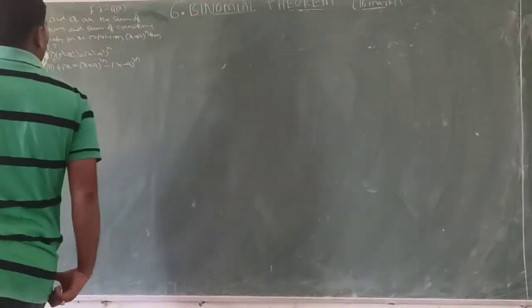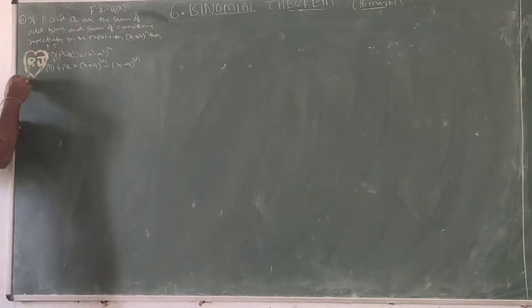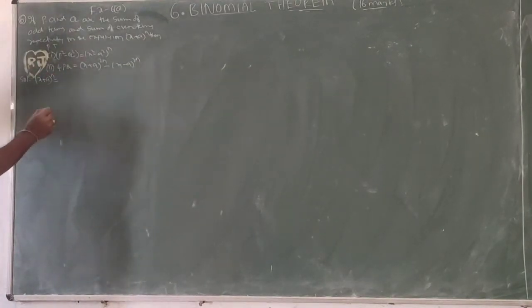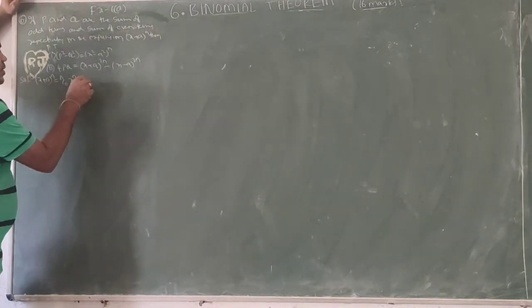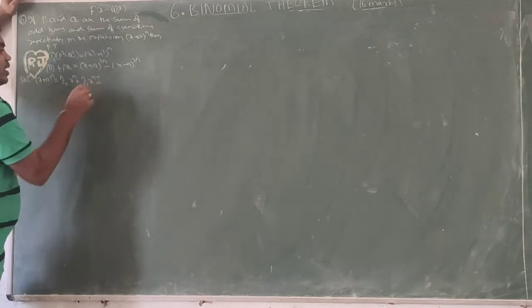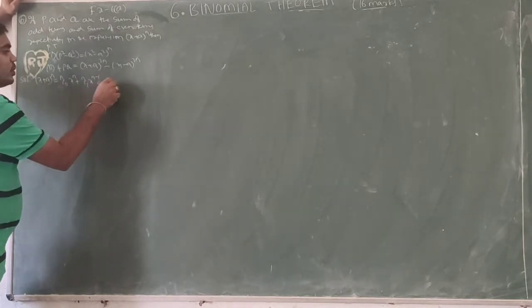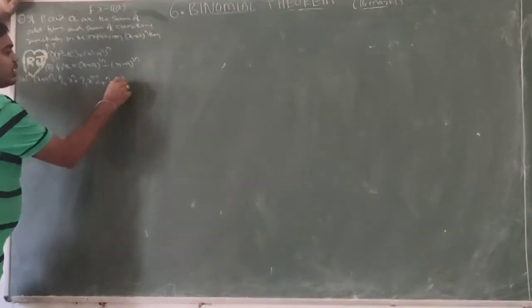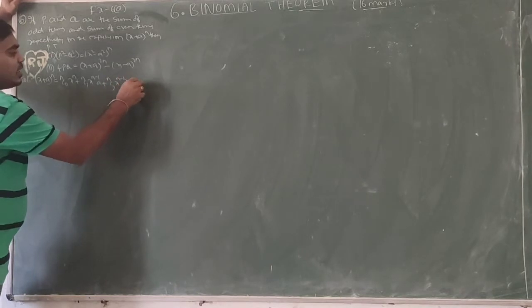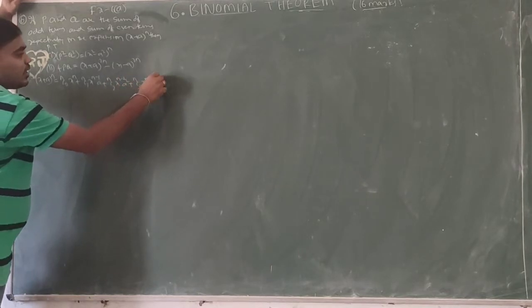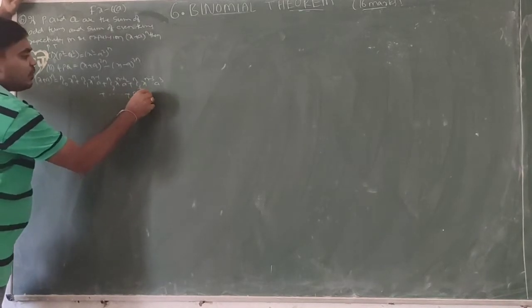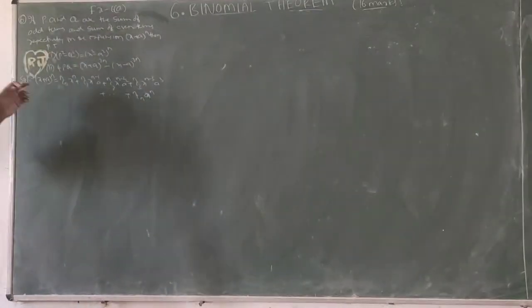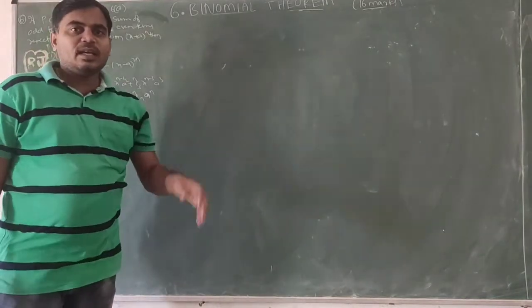So I want to take the expansion first, solution. (x plus a) whole power n equal to nc0 x power n plus nc1 x power n minus 1 into a plus nc2 x power n minus 2 a square plus nc3 x power n minus 3 a cube plus up to so on ncn a power n. So x powers are decreasing, a powers are increasing.